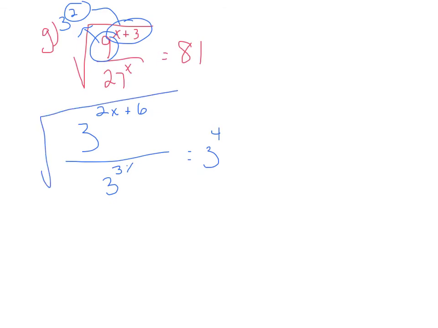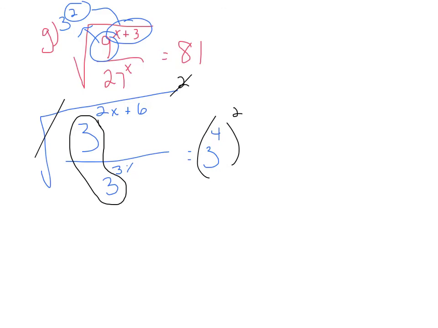Now, this one's not so easy. You can't just cross them out. Oh, but what can you do? We need to get rid of that square root. Now remember, to get rid of a square root, you simply square this side. But if you do that to the left side, you got to do it to the right side. Alright, sweet. Now how could I turn these 2 3's into 1 3? They're on top of each other.